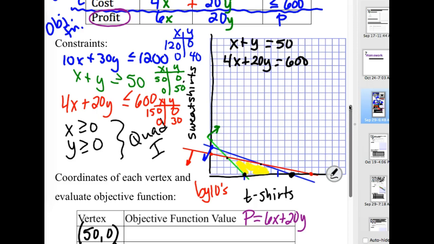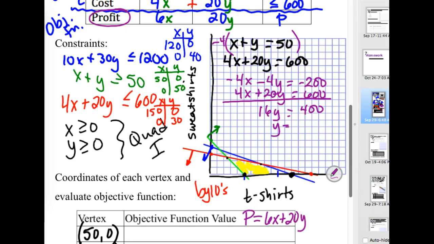So let's do elimination. So let's times this whole thing by -4. So we end up with -4x minus 4y equaling -200. And then we're combining it with this bottom equation. We end up with 16y having to equal 400. Divide both by 4, you get 4y equals 100. 4 times what's 100?